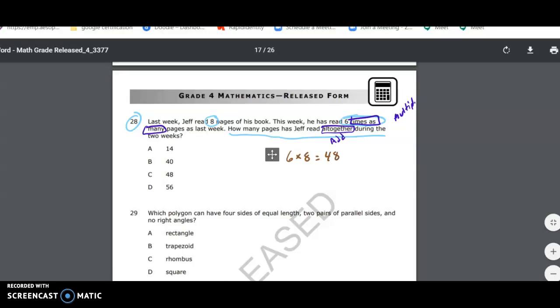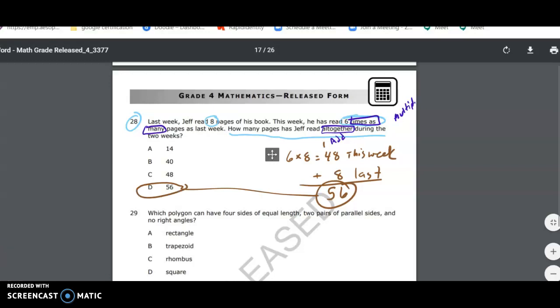And that's for this week. So 48, would that be our answer? No, it's not, because we got another step to do. Altogether, we need to add up last week. So last week, 8 pages. When we combine the 48 plus the 8, you're going to get 56, and your answer is going to be D. Your answer is D for that one.